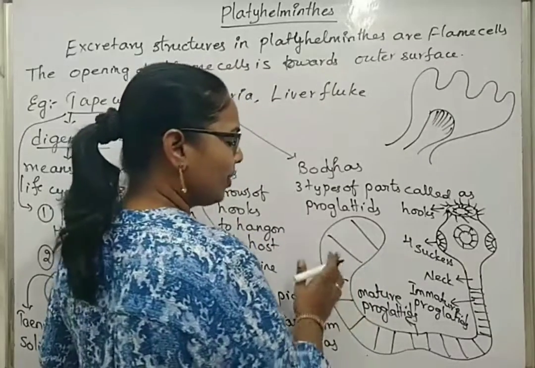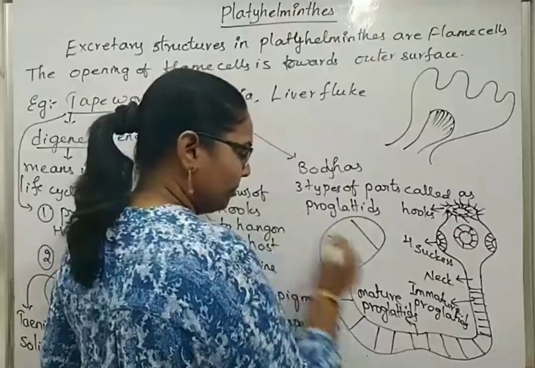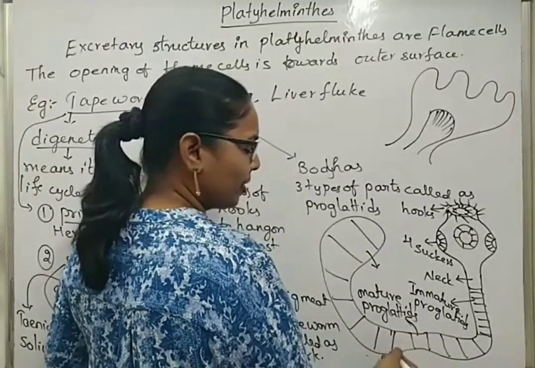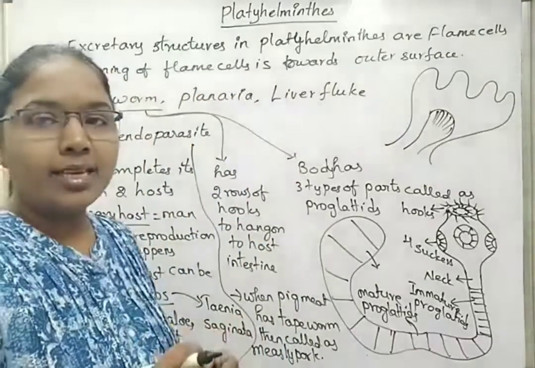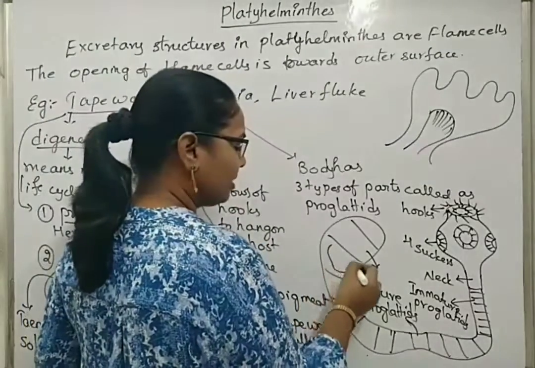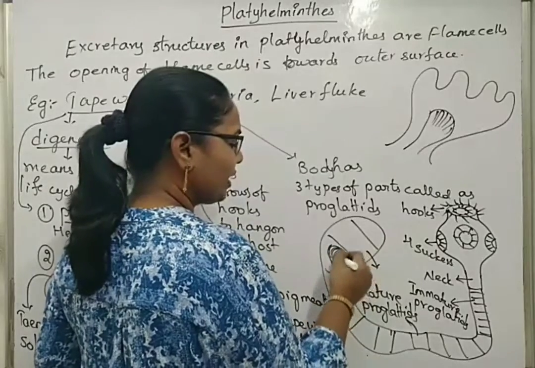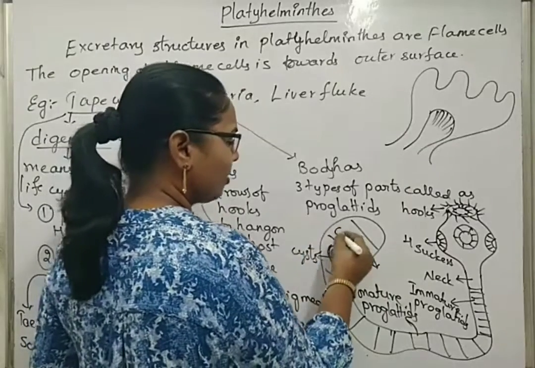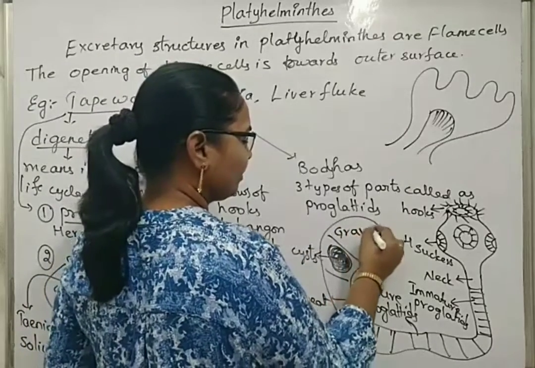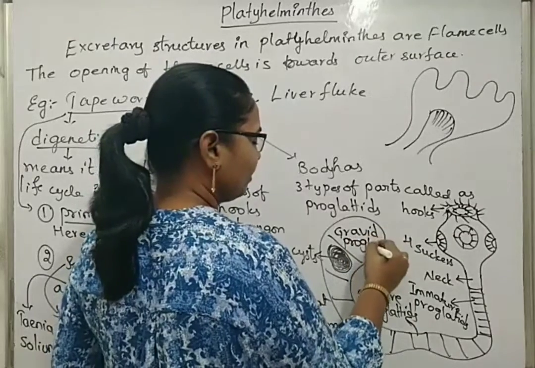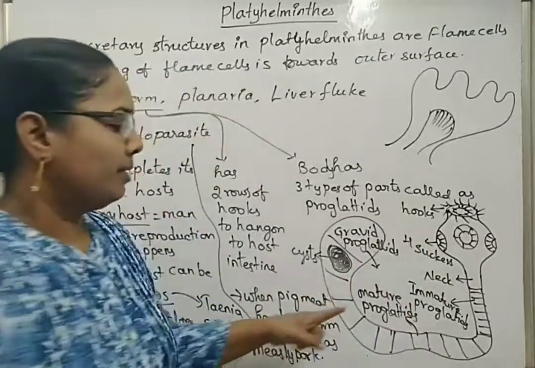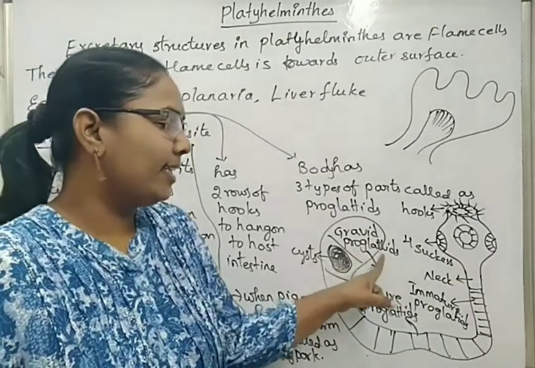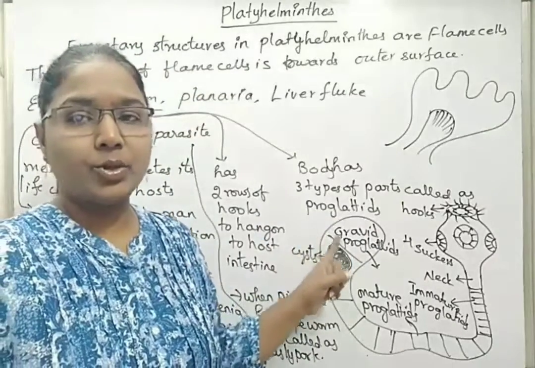The last type are also mature proglottids, but with cysts inside a highly folded uterus. These are called gravid proglottids. As the tapeworm ages, gravid proglottids detach from the body. That process of detaching is called apolysis.